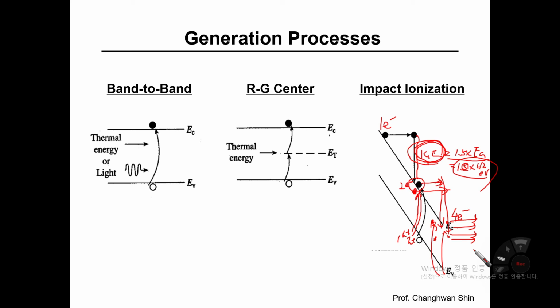So this impact ionization induces another new set of electron hole pairs. This is another type of generation process. Please understand the physics of how electron hole pairs are created by three different processes: band to band, RG center, and impact ionization.